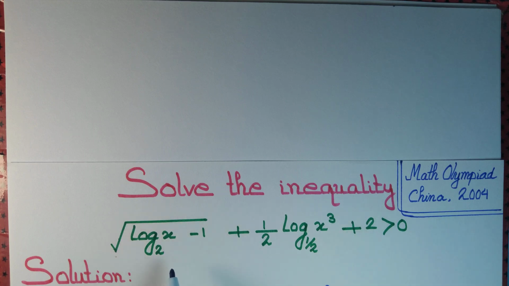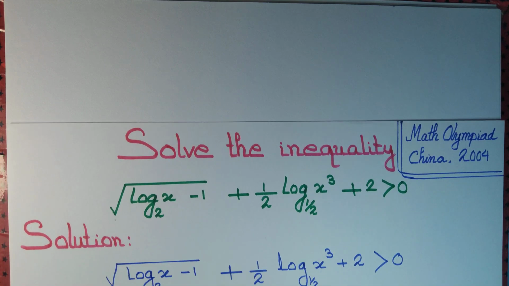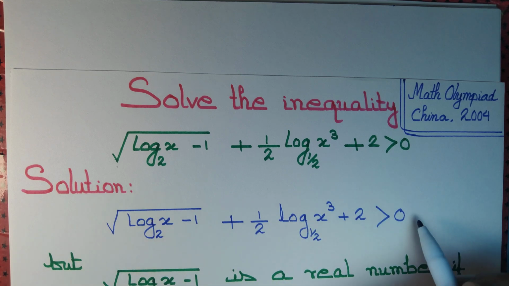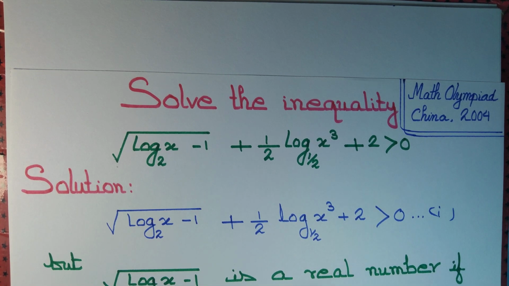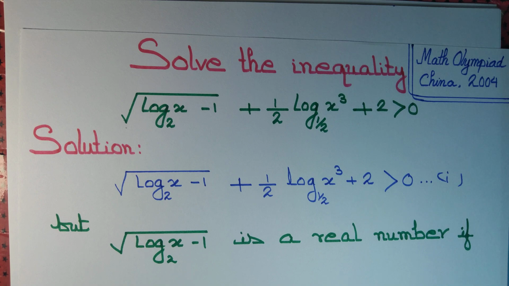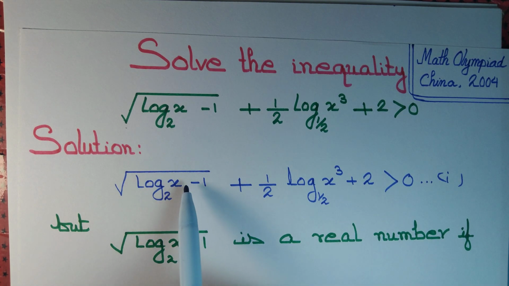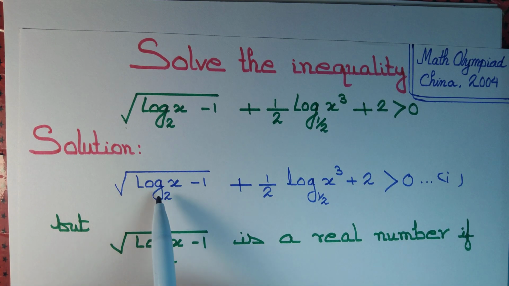Let us solve the inequality. So we write this inequality as inequality 1, and further we observe that this quantity has to be non-negative, or greater than or equal to 0.